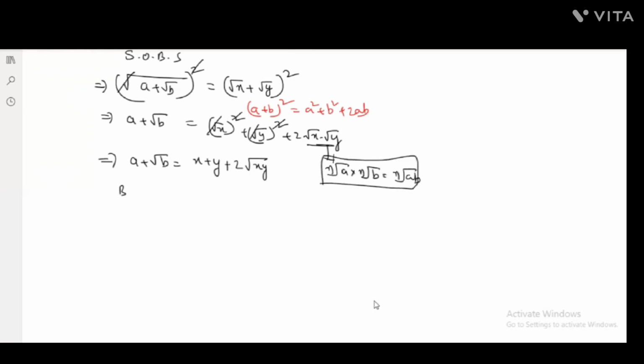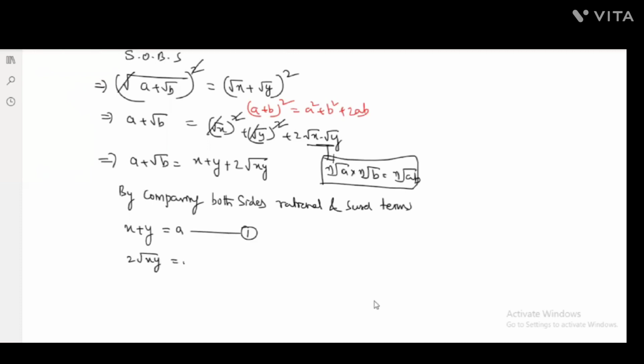So now by comparing both sides, rational and third terms, we will get x plus y is equal to a. Let it be equation 1. And we will get 2 root xy is equal to root b. Just square this on both sides, you will get 4xy is equal to b. Let it be equation 2.